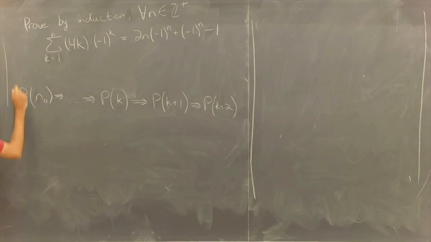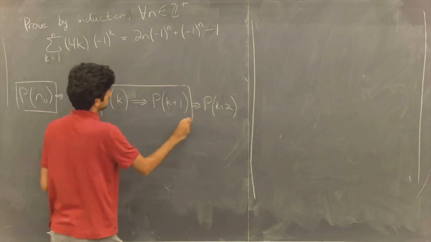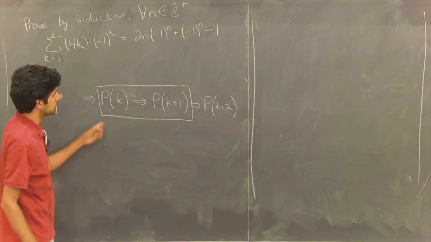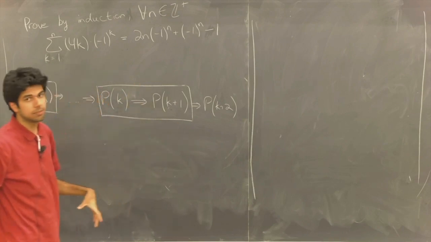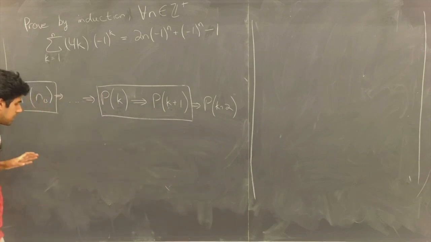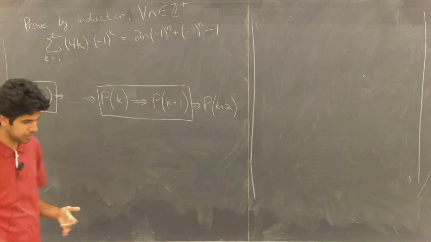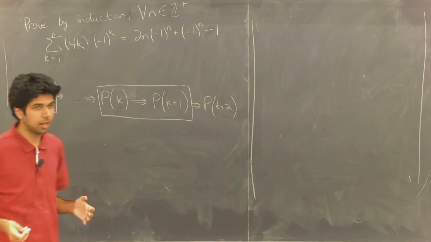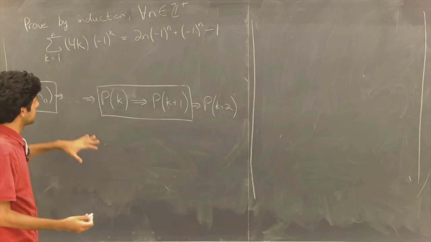But if we can show that this property or equality holds true for some starting point, and we can also show a relationship between an arbitrary value k and its successor, then we have proven it for all values in our domain. It's a little bit abstract what I'm explaining, which is why I encourage you to read up on it if you're unfamiliar, but this is basically the theory.